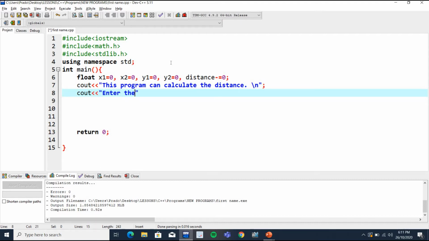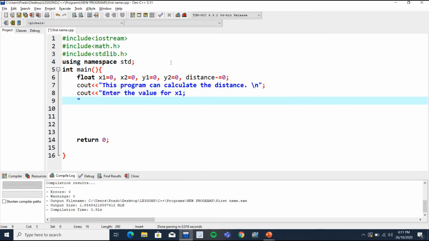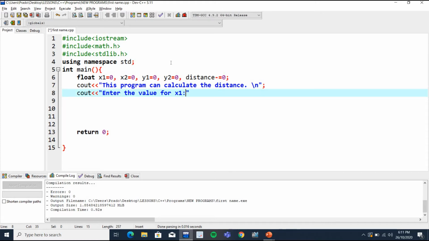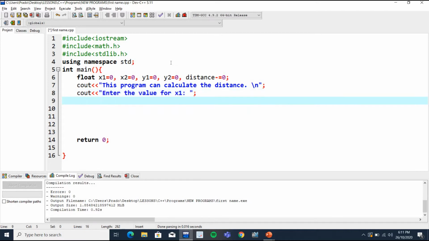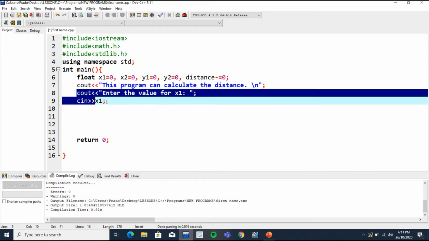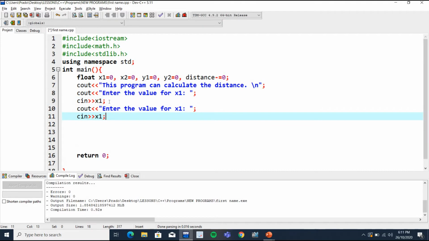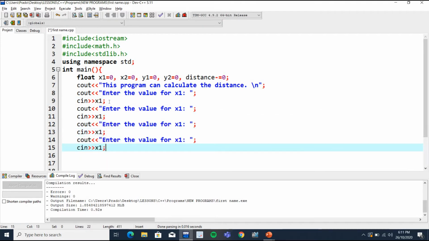So, enter the value for x1, and then semicolon sa dulo. And then, cin, and then kung saan natin ilalagay si x1, which is x1 din naman. So, ang gagawin po natin para mas mabilis is copy-paste na lang natin to ng 3 beses. And then, palitan na lang po natin yung x1 ng x2, y1, and y2. So, x2.